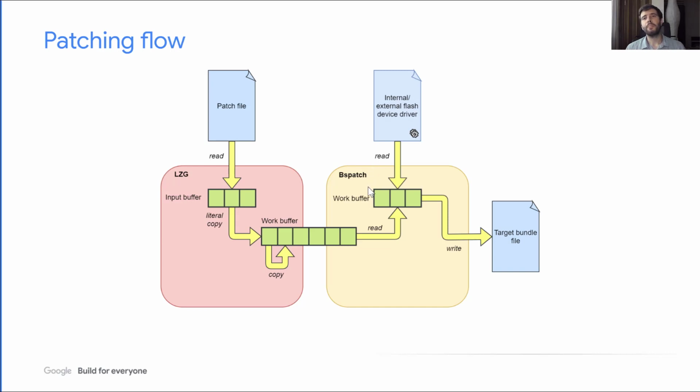When the BSPatch work buffer is full, it's written to the output file, and when the LZG work buffer is consumed completely, LZG fills it again, and this way BSPatch can continue the process and so on.